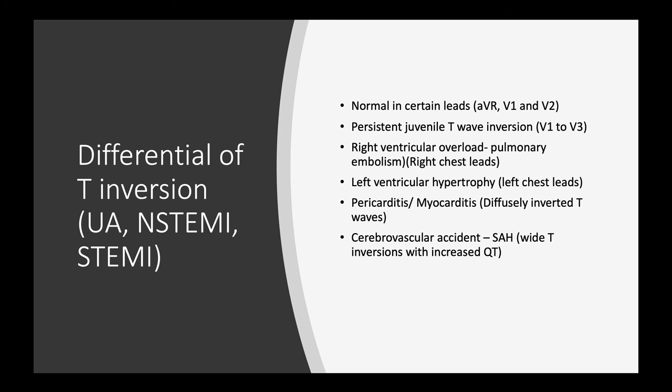There have been times when people who are unaware would treat these patients as acute coronary syndrome. So you need to be aware that even in cerebrovascular accidents you can get wide T inversions, and that might be because of disruption in your autonomic nervous system. Your right bundle branch blocks and your left bundle branch blocks can also cause T inversions.